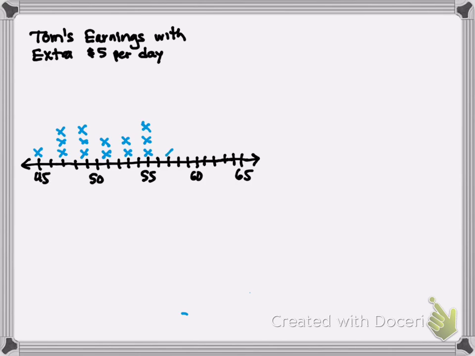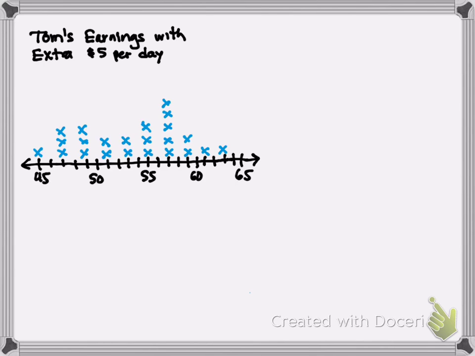I have 5 at 57. We have 2 at 59. We have 1 at 61. And we have 1 at 63.